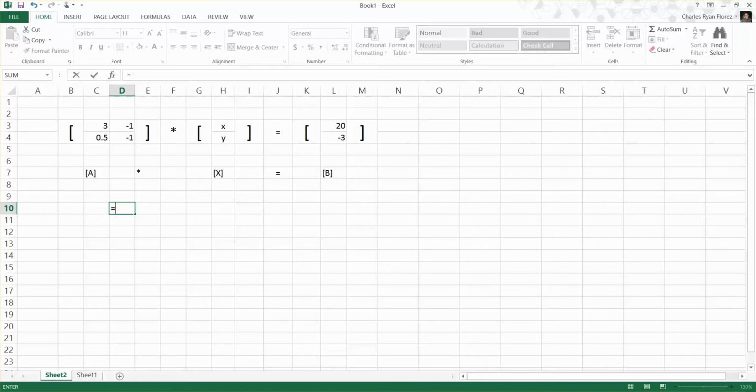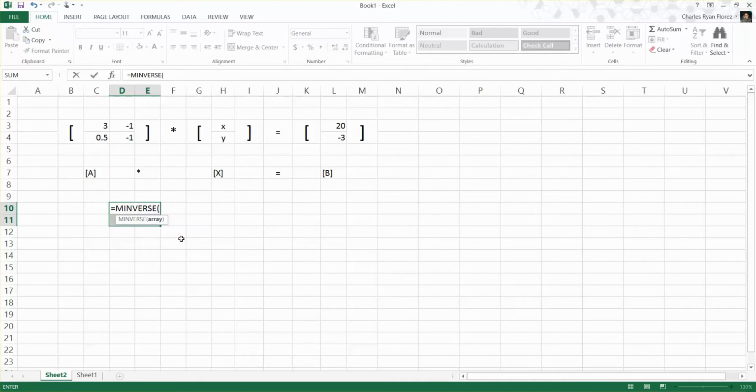When you start writing it out in Excel, the inverse will be the same size as the matrix you're trying to invert. So I'm going to highlight four cells here and start typing my equation.